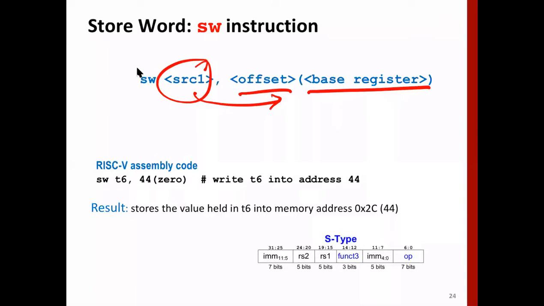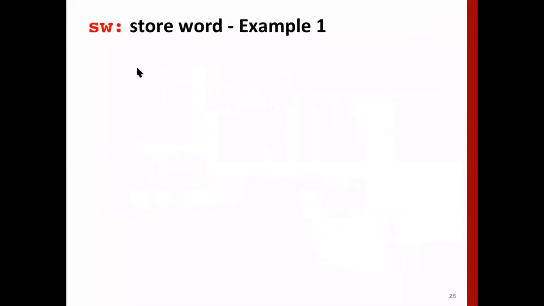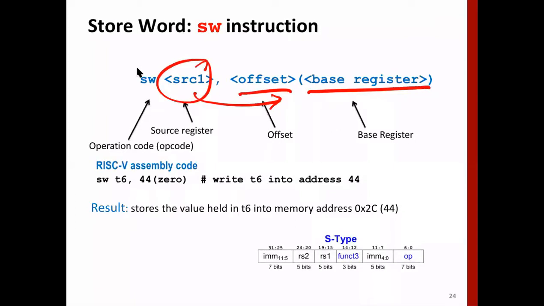An example is store word, SW, T6. From here, this is the source register. Take the contents of T6 and move them to the location given by this one, right?